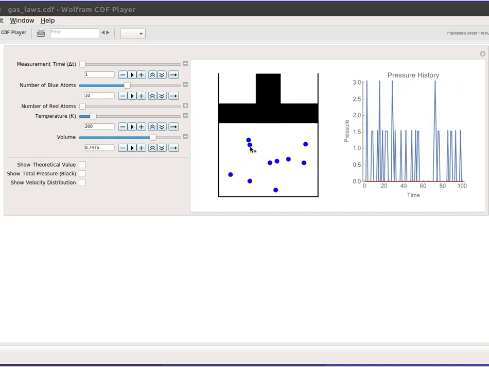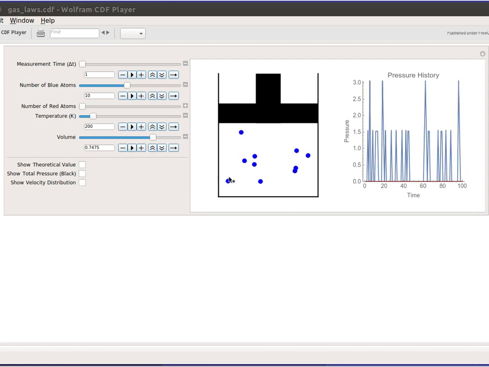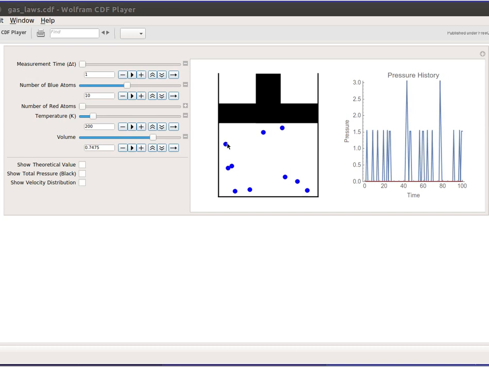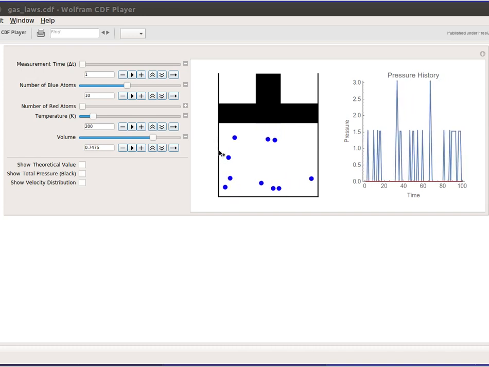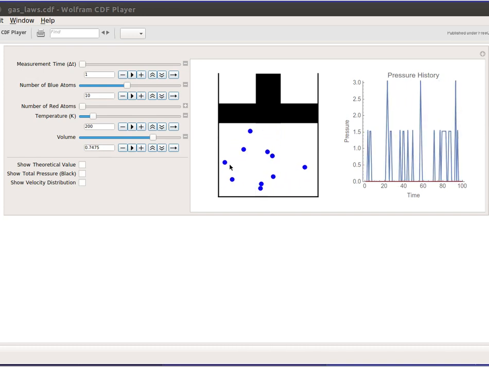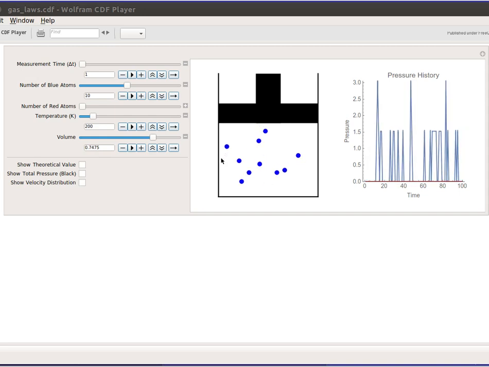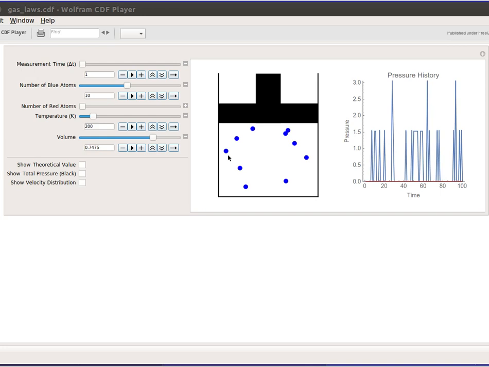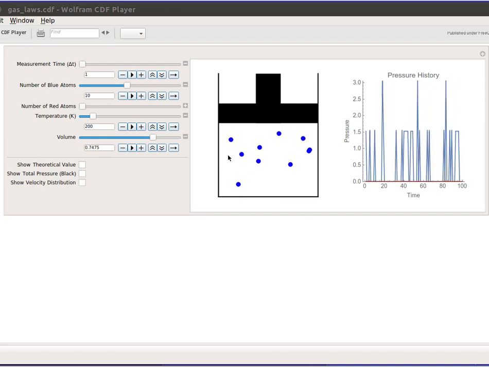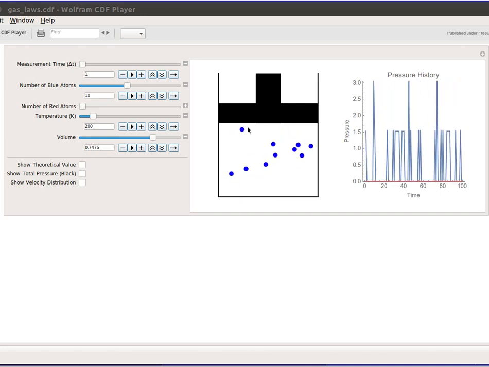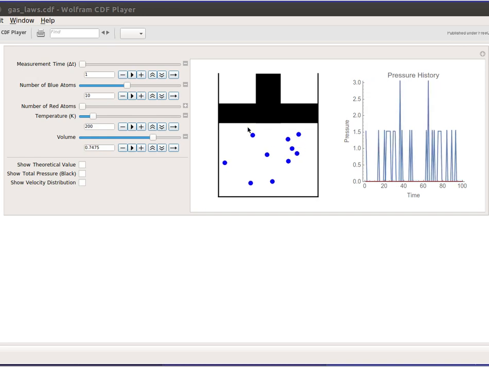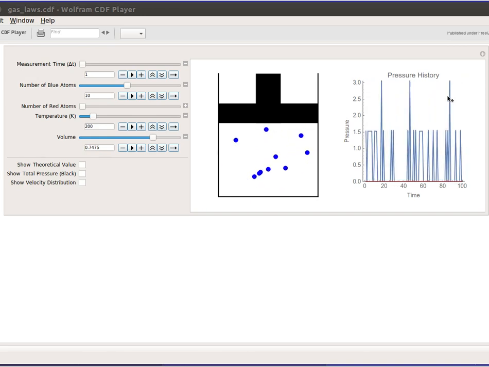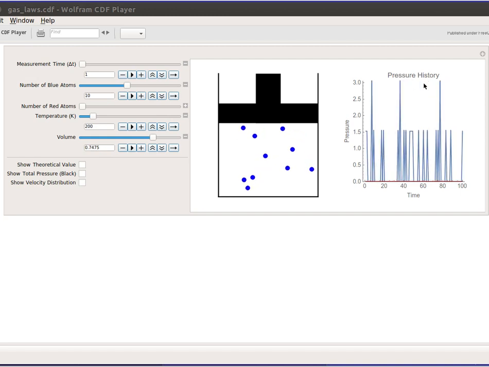I'm having the computer keep track of every time one of these molecules impacts the side of the container. When a molecule hits the side, the computer asks how fast it is going to calculate the force, then divides that by the area over which the impact occurred, and registers the impact on the pressure history counter on the right-hand side.